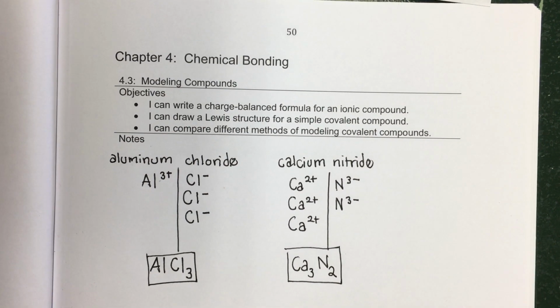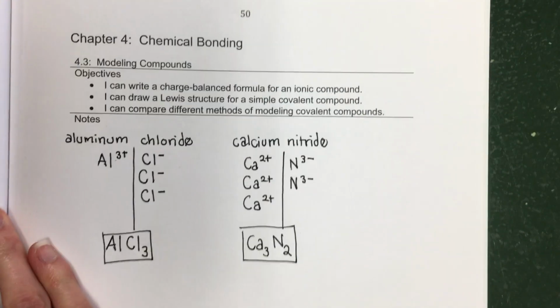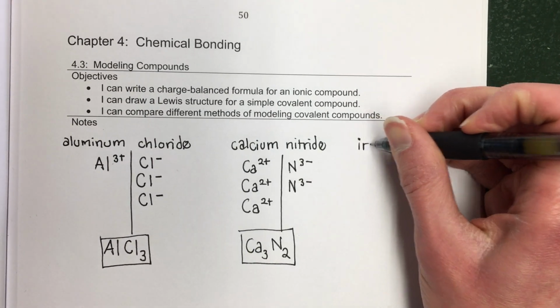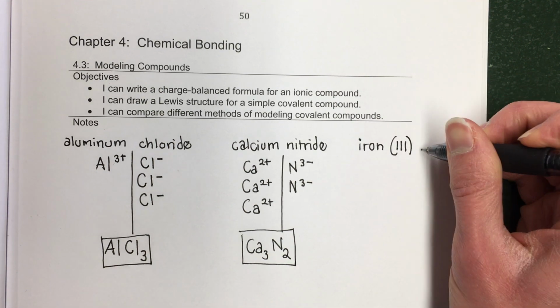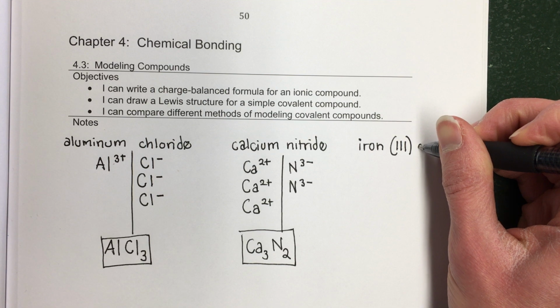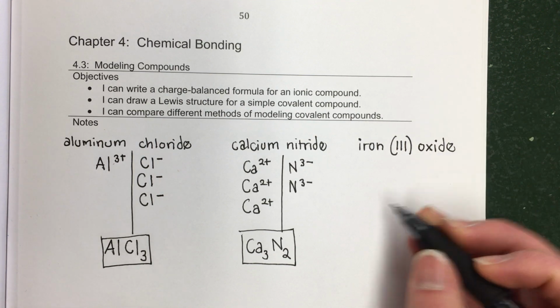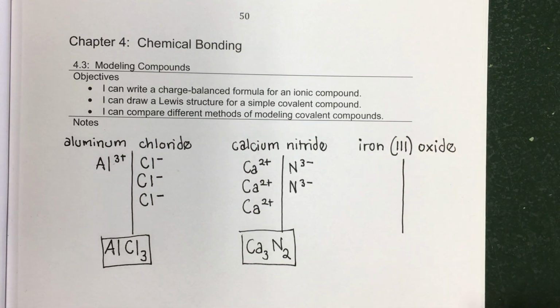Okay, last example, I'm going to do a transition metal example. So let's do iron, and then we're going to do Roman numeral 3 oxide. Okay, this is actually rust. This is the chemical formula for rust.